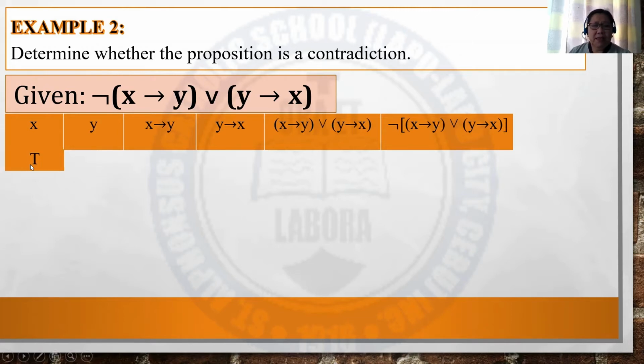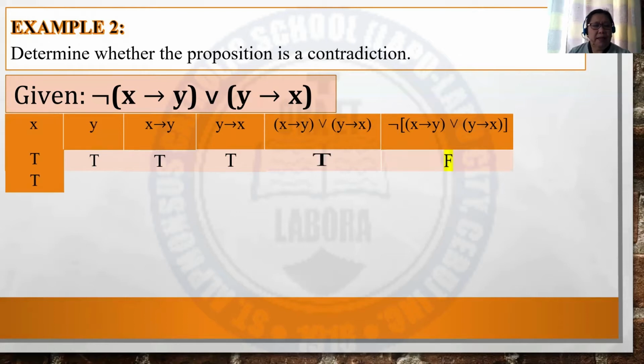So if x is true and y is true, x implies y is also true. And then y implies x is also true. So the disjunction of these two implications is also true. And the negation of this disjunction is false.